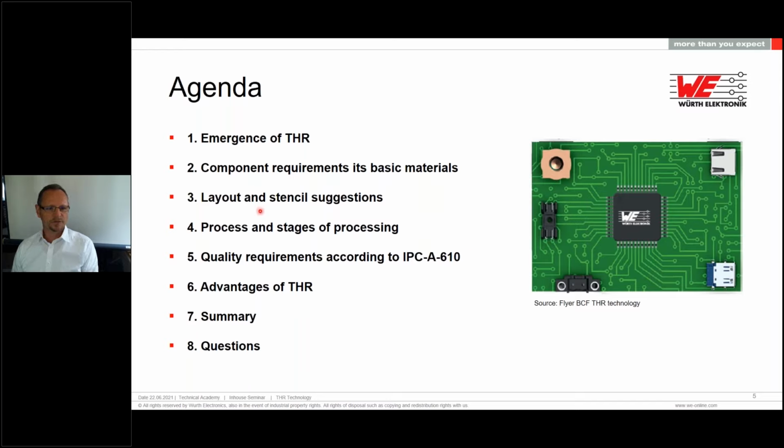We have some stencil suggestions and what it means to your layout. Then we look into the process, also what comes out of the process. We have to check the quality, and afterwards, we look at the advantages of THR before we close, and you will have the chance to ask some questions.